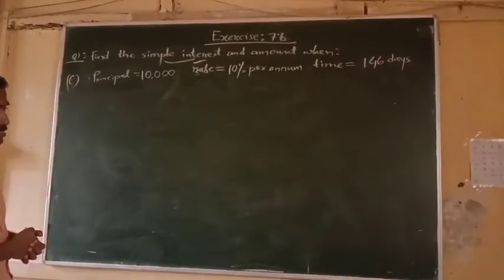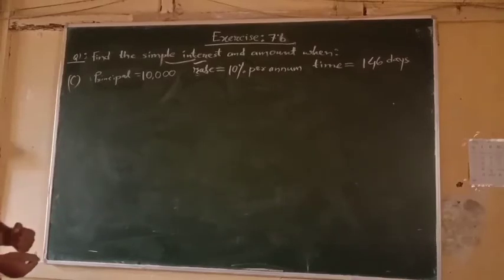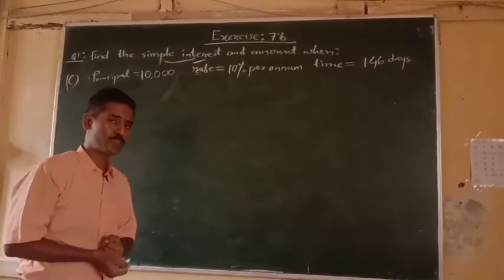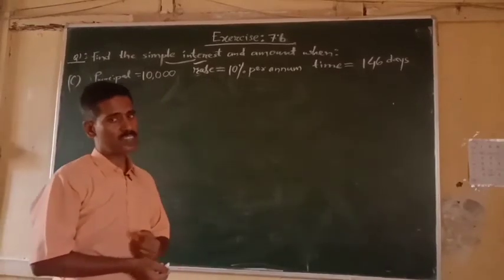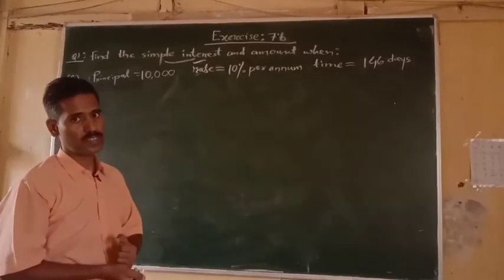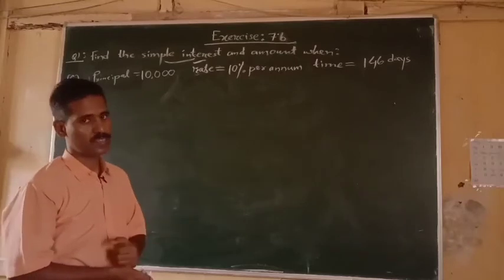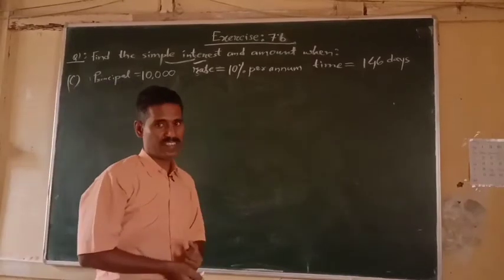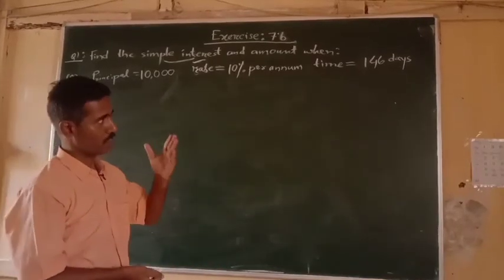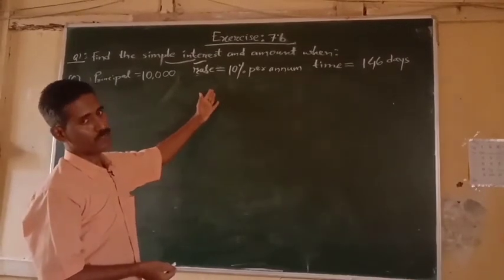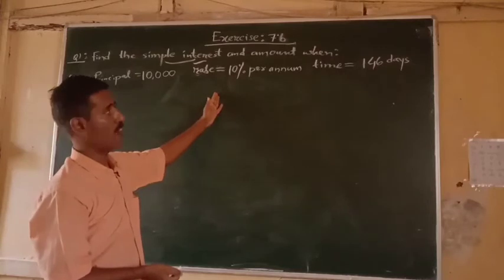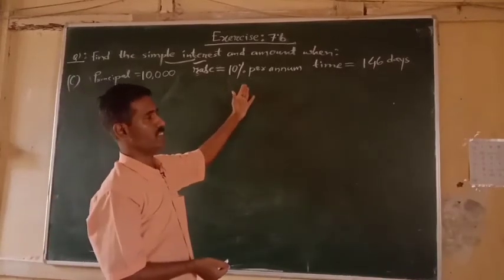Here question C has been picked up. So unlike the first two questions, in sub question A our time was in year. In sub question B, time was in months, but in sub question C, our time is in days. Though the time is in days, the rate of interest is calculated not in days or months.